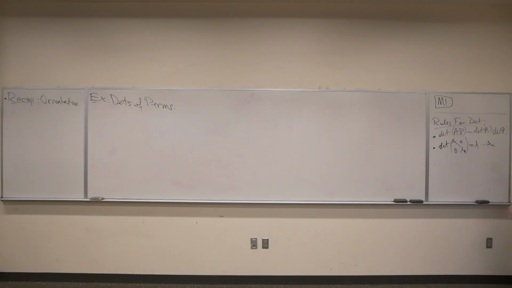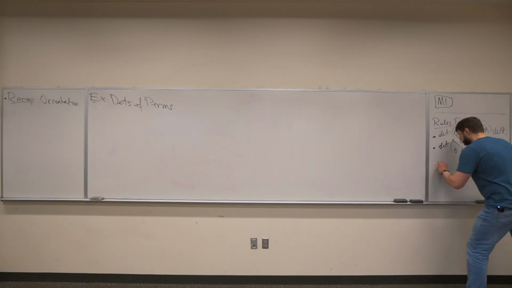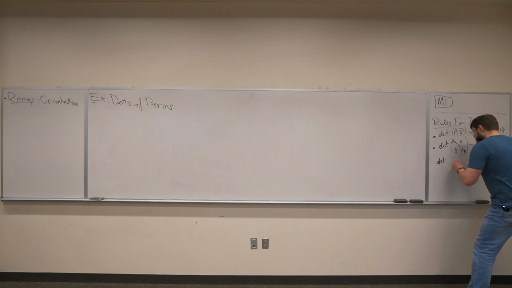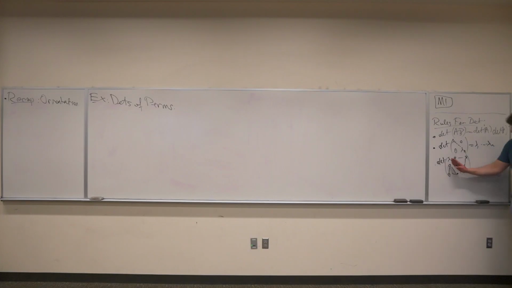Or if you have upper triangular or lower triangular, I'll just write upper triangular. So this is upper triangular. If you see upper triangular, I don't really care what is happening above the diagonal. You just again look at the diagonal entries. You multiply them. We had this rule.